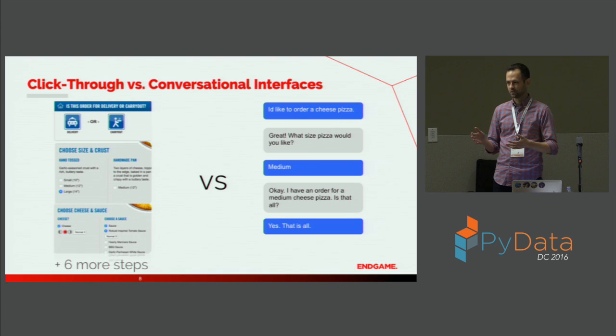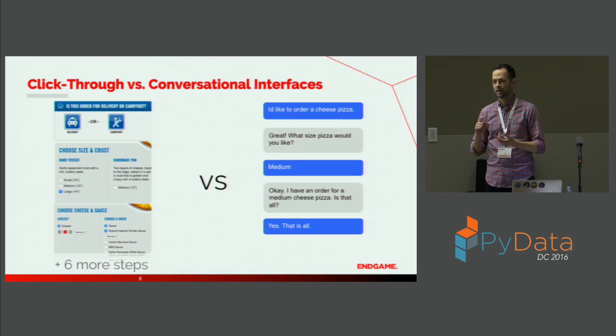But if I go into Messenger, where my identity is stored and my billing information, credit card stored, I can be like, yo, PizzaBot, it's pizza time, cheese, medium, the usual place, and then it's done. Like 5 seconds, a couple of text messages, and you've completely eliminated the need for this clunky UI.